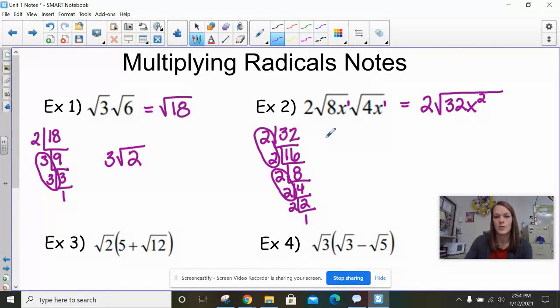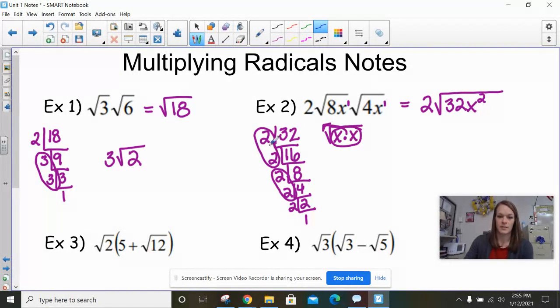And then I also have the square root of x times x because of the x squared, so that is a pair of x's that will come out. So this is what I have.